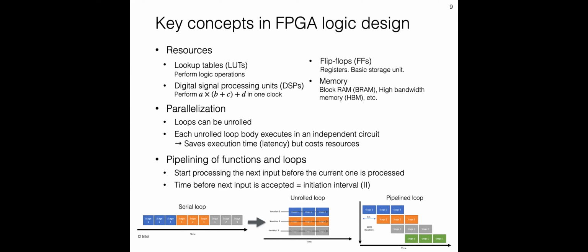Pipelining is a different way of overlaying these operations. Basically, you start processing the next input before the current one is processed. Using the same example, you have 3-step processing, but after the first blue event, stage 1 is complete, you can already start stage 1 of the orange.